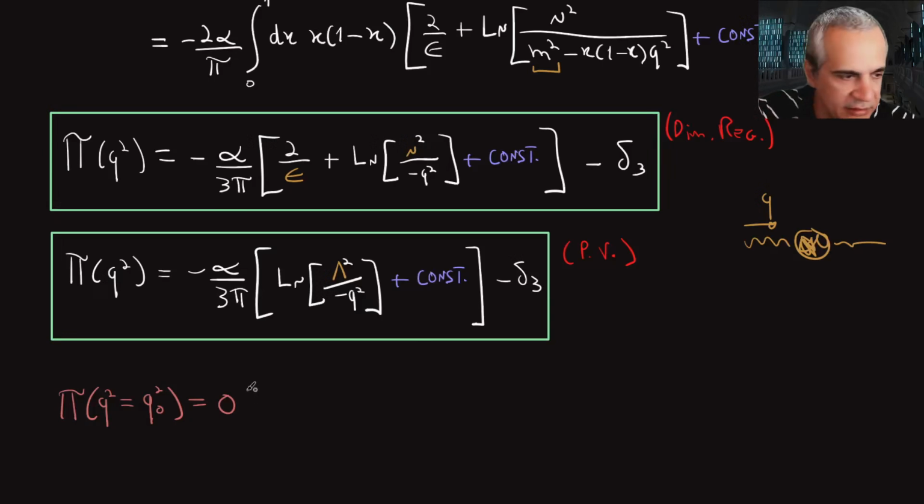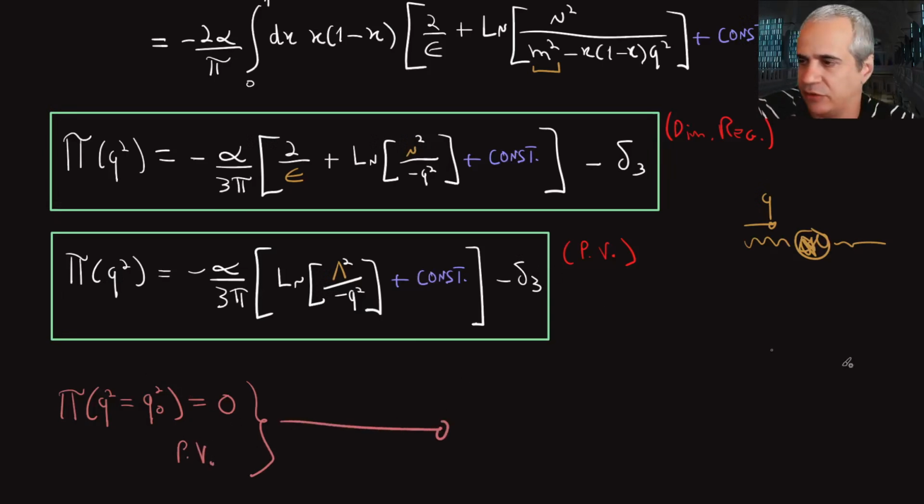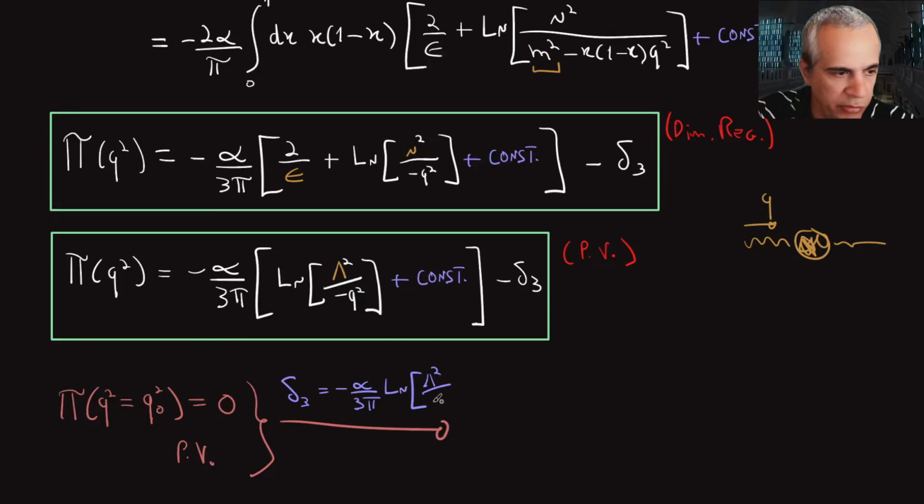In that case, I combine this equation, the Pauli-Villars version, with this condition. I get my delta 3. In this case, delta 3 would be just minus alpha over 3 pi log of lambda square over Q naught square, right? And then I substitute that here, right?